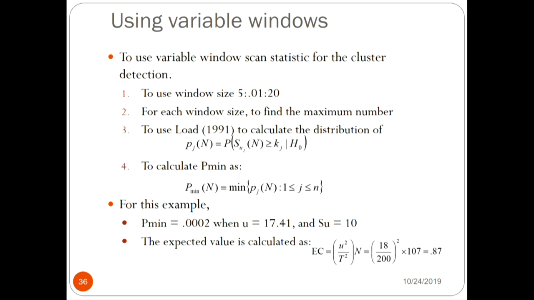Now to use the variable window p-mean test statistic, we also use a sequence of moving windows. For each moving window, we find the observed scan statistic, which is the largest number of events in a moving window, and then calculate the p-value. Over a whole sequence of almost 200 moving windows here, we find the p-mean test statistic, and then use simulation to find the p-value.